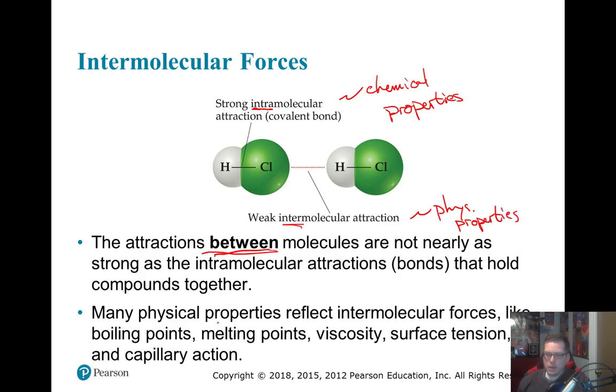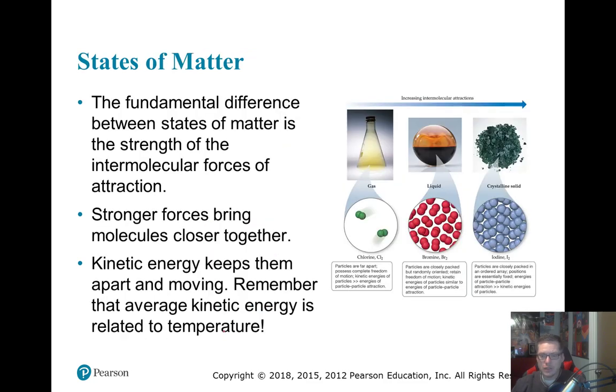We'll talk about more of these as we move on, but like boiling points, melting points, viscosity, surface tension, capillary action, these are the ones that we're going to focus on. But really, any physical property is pretty much determined by the intermolecular forces. Now, there's a little bit of overlap in some cases, but for the most part, physical properties are determined by the intermolecular forces.